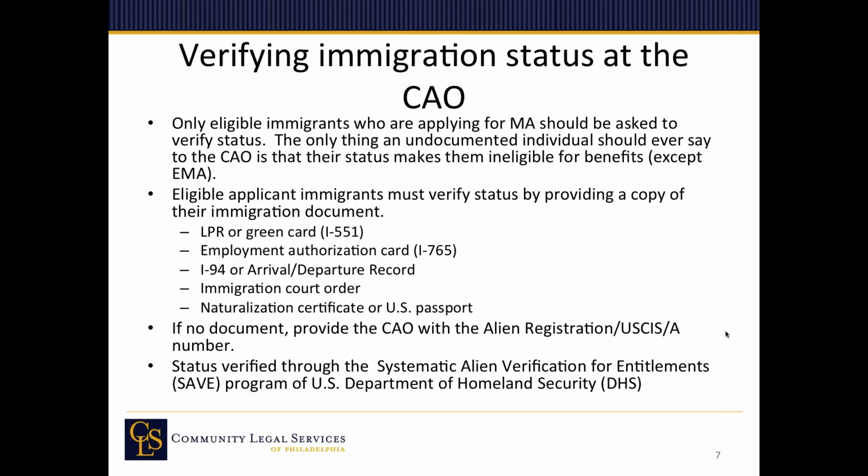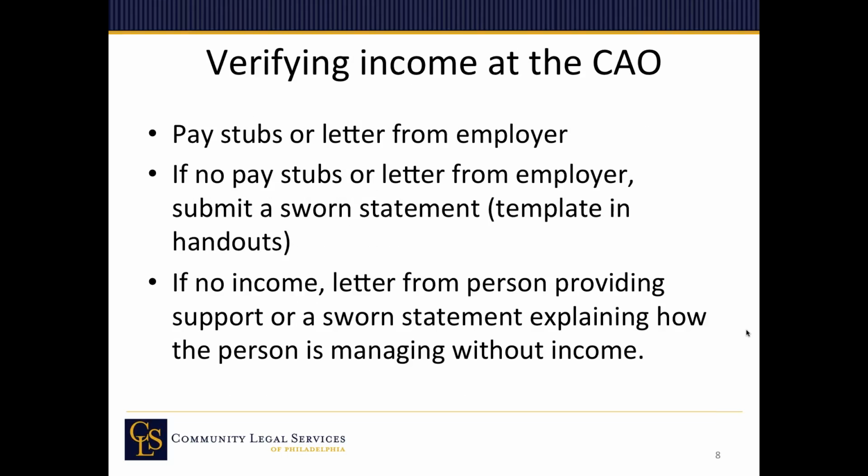You only want to do that when your client is clear about what their status is, and they just don't have the paper to prove it. And it does take time. It can take at least a month, I believe, to get responses to FOIA requests. But just to put that out there, that is an option for people who really do not have any documentation or any way to prove what their status is.